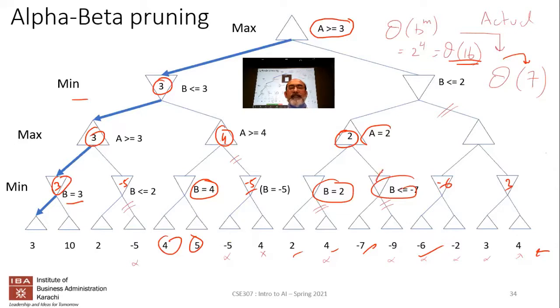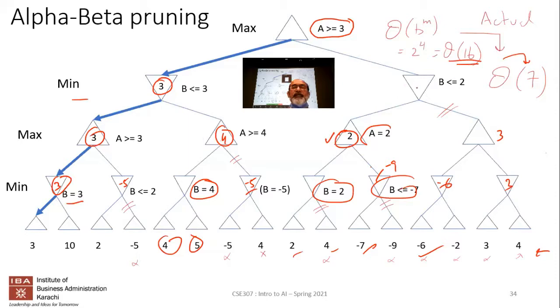It's selecting -9 over here, but this is going to choose the bigger of the two. So regardless, it's going to become 2 over here. Here it's going to be -6 and 3, and it's going to pick the bigger of the two, so that's going to select 3 over here.